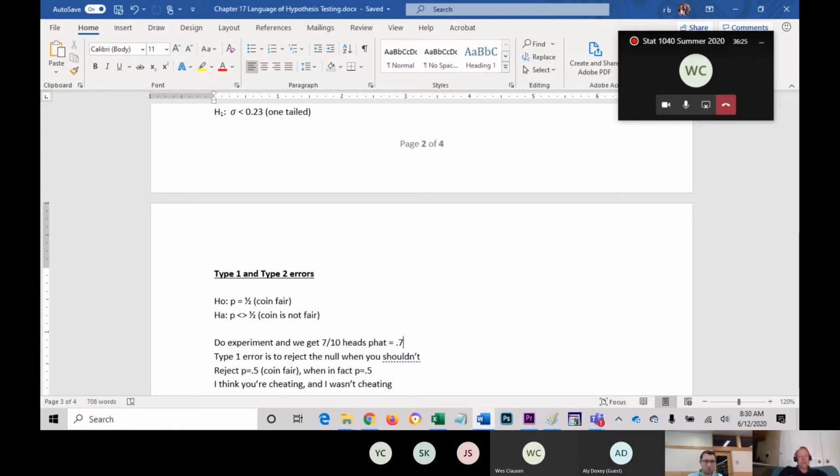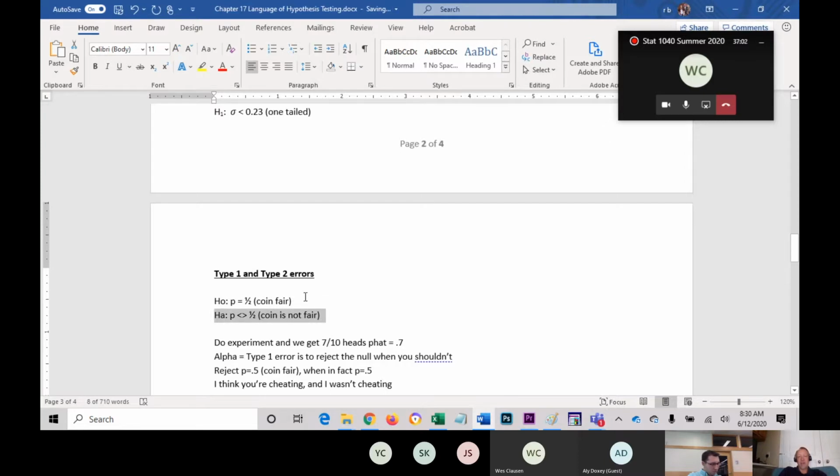Okay, so the type 1 error, it refers to alpha. Alpha is a type 1 error. Alpha refers to when we would reject the null, okay? So we would say, you know what, my experiment, now realize this is a small sample, right? We've only done this 10 times. My experiment came up 7 heads, and so therefore I reject that the coin is fair, and I think the coin is not fair, okay?